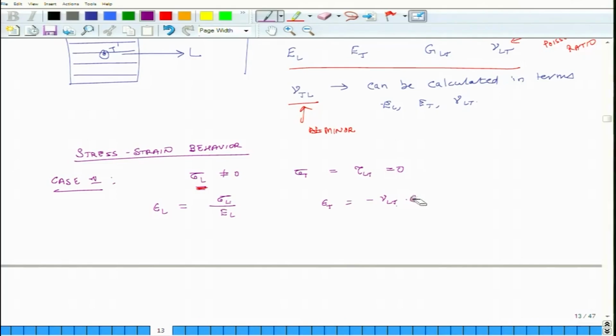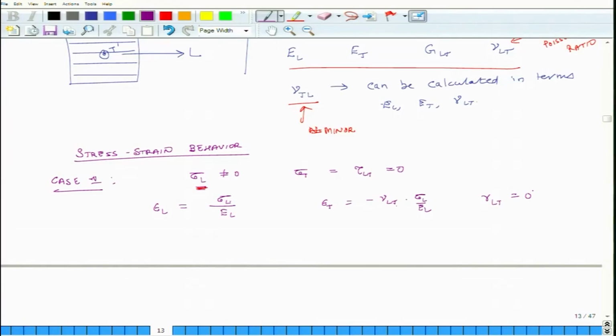And what is epsilon L? Epsilon L is nothing but sigma L over EL. So, this is what I will write. Now, this is a specially orthotropic material, the load direction and the direction of the fiber are aligned. So, in this case I am applying only extensional stress, so there will be no shear strain. So, gamma LT equals 0. So, this is case 1.